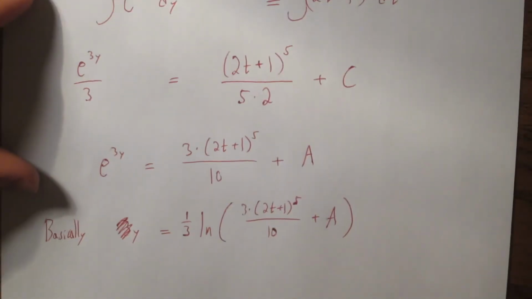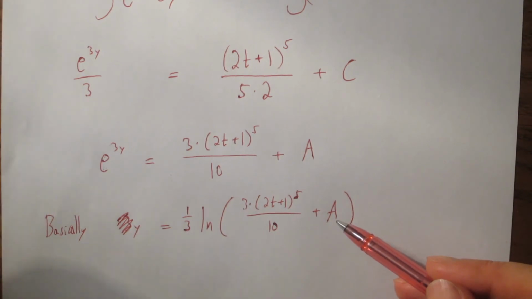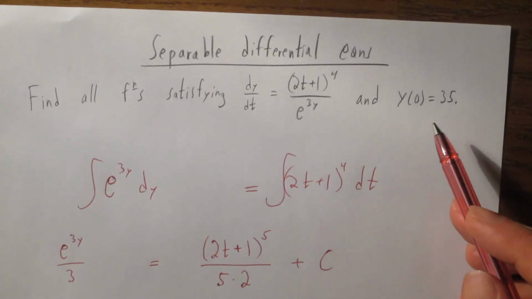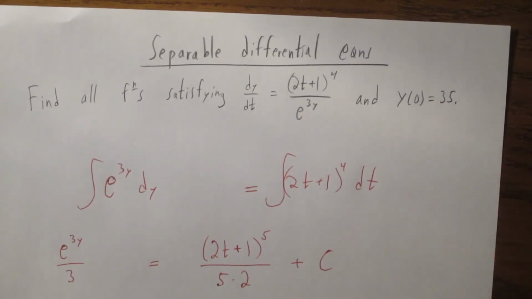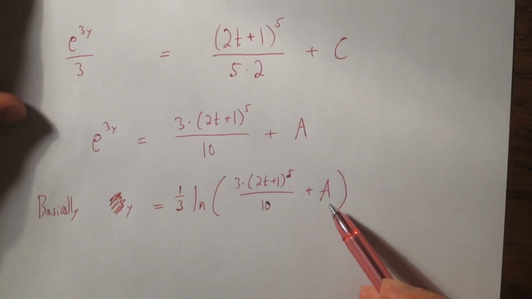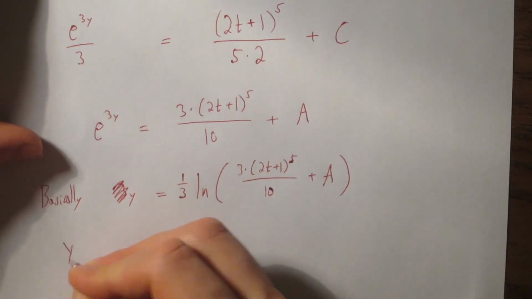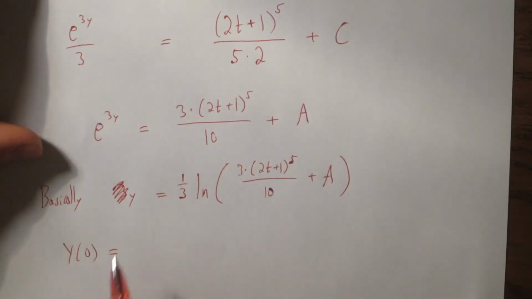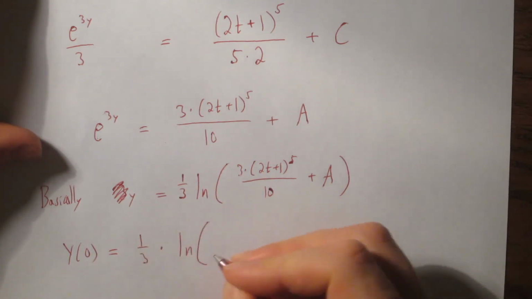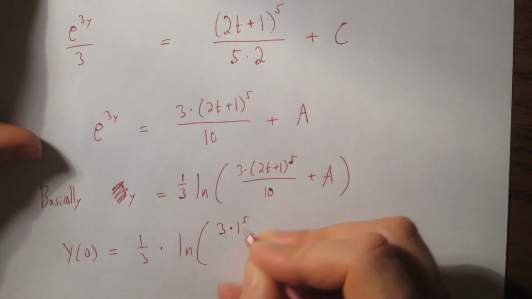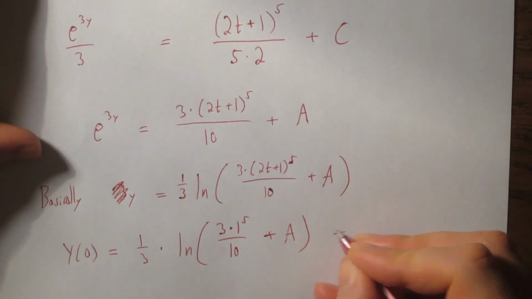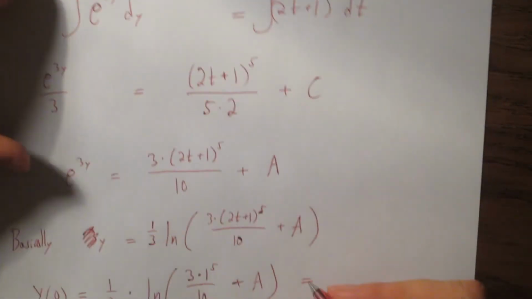Here we have an arbitrary constant, as usual. Since we have an initial condition, y of 0 should be 35, we now use that initial condition to determine the numerical value of a for us. Now, on the one hand side, y of 0, so you replace t by 0, you get a third times ln of 3 times 1 to the power of 5 over 10 plus a, and you wanted that to be 35.